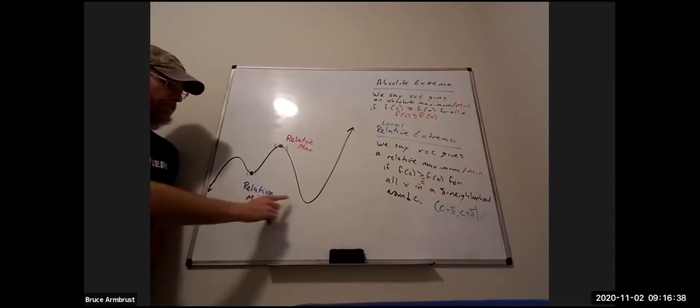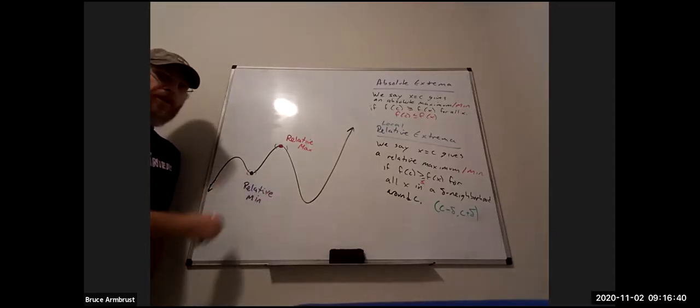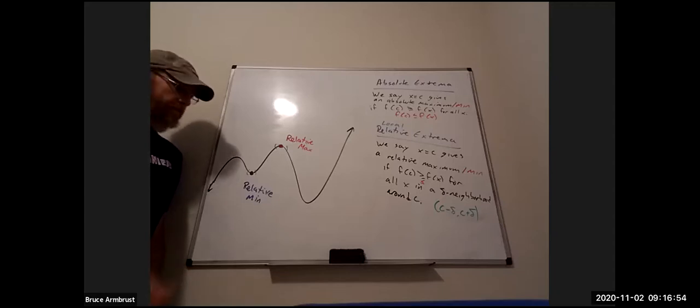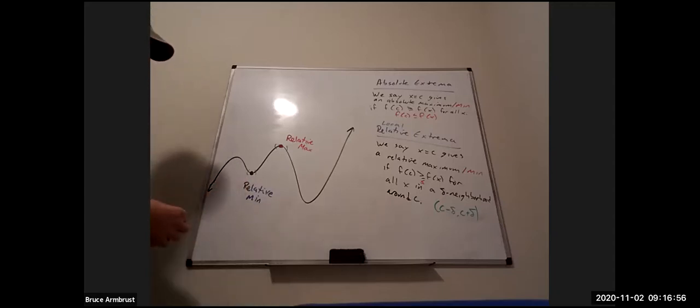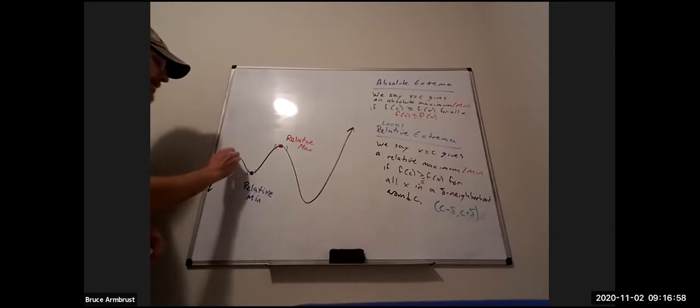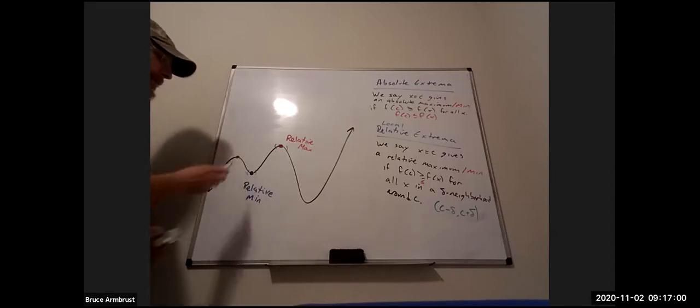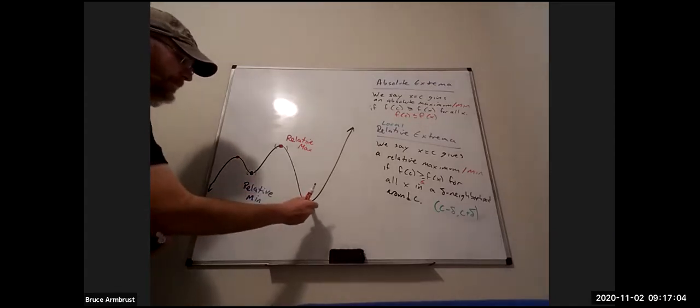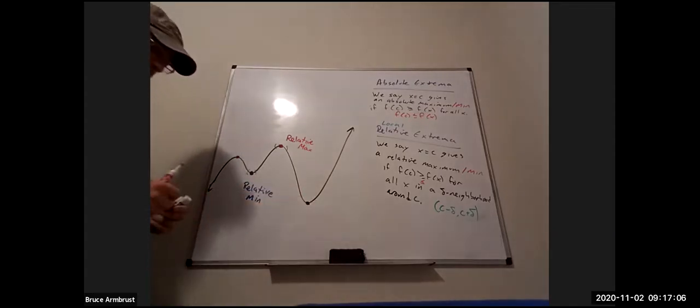There are other spots that are definitely below it. However, it's locally a minimum. Okay, so it's definitely possible that even if a function doesn't have absolute extrema, it can have relative or local extrema. This actually has a couple more. There's another relative max over here at this little mountaintop, and there's another relative min down in the bottom of this valley.